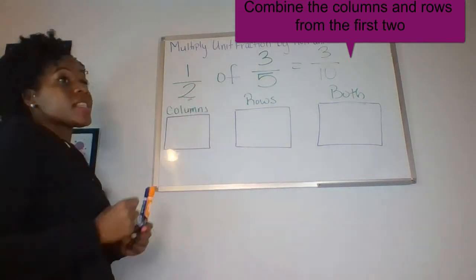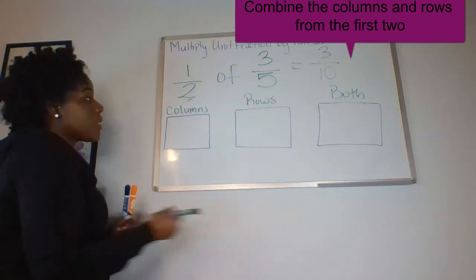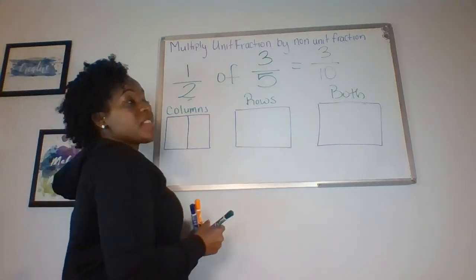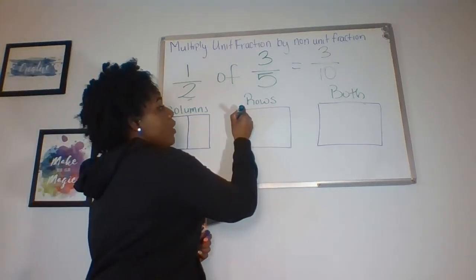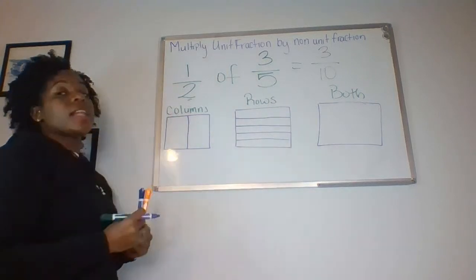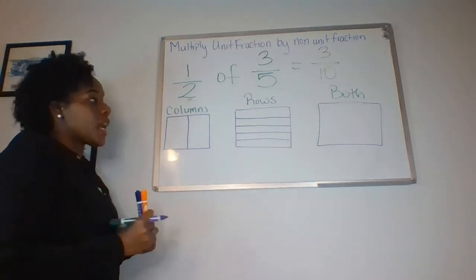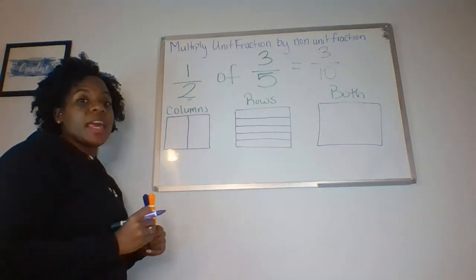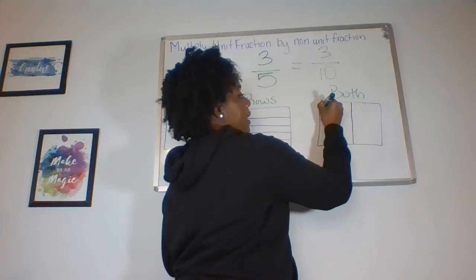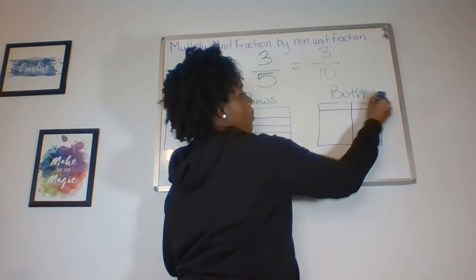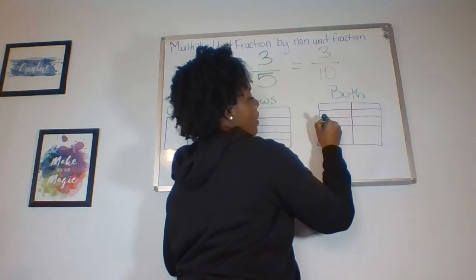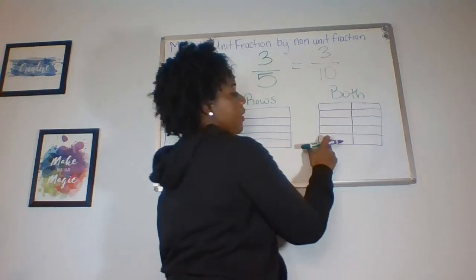The denominator says that there has to be 2 columns, so I'm going to put 2 columns. The denominator says that there has to be 5 rows, so I'm going to put 5 rows. Because this denominator gave us 2 columns and this denominator gave us 5 rows, 2 columns, 1, 2, and I need 5 rows, 1, 2, 3, 4, 5.